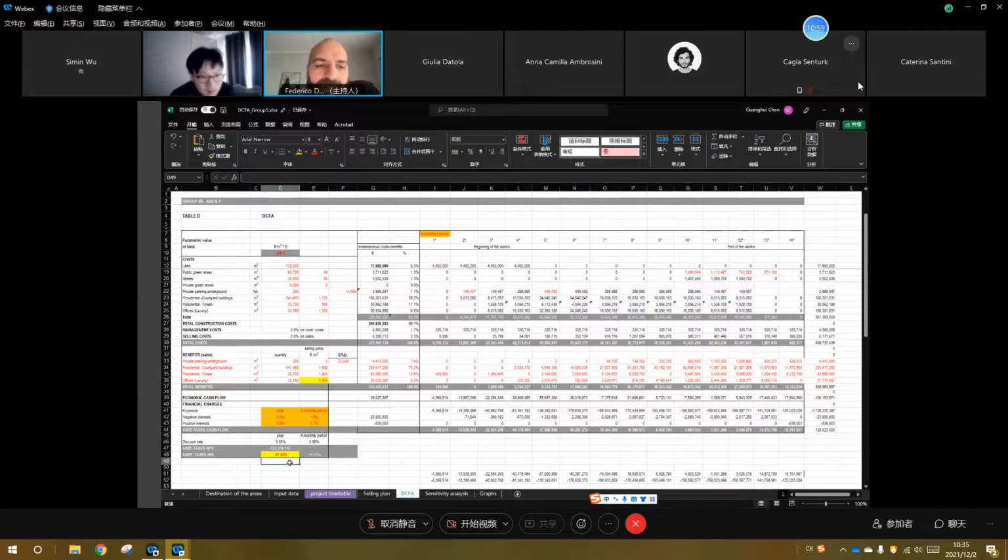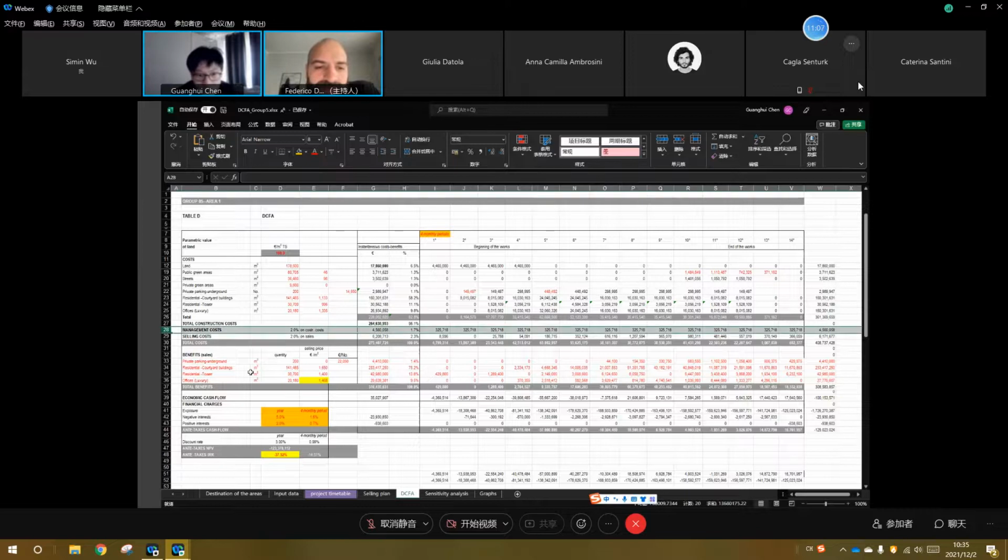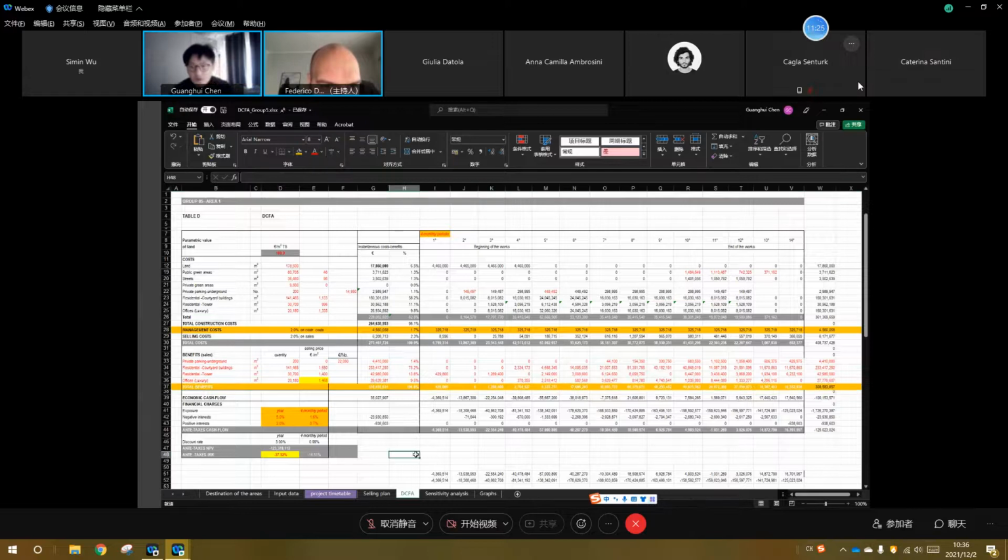Looking at the total cost that also considers the management cost, the total cost is lower than benefits. So maybe you should only change the distribution of the selling plan and increase a little bit the market price of the office.